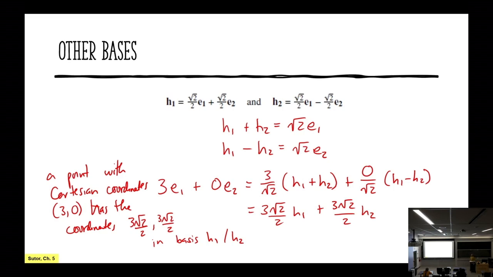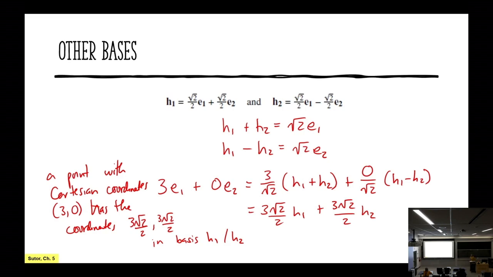And so we're going to do more on change of basis probably tomorrow. But this is an important thing to wrap our heads around when we're starting to think about vectors and vector spaces: we don't always need to be operating in Cartesian coordinates.